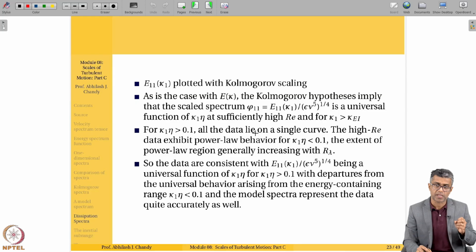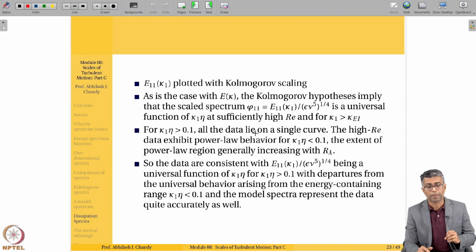And this slide basically summarizes what I was just talking about. So what we have plotted here is the 1D spectra, and as is the case with the 3D spectra, the energy spectrum function as in E(kappa), the Kolmogorov hypotheses do apply, right?